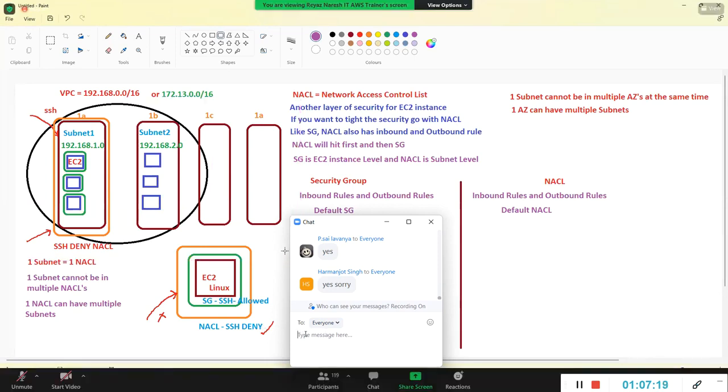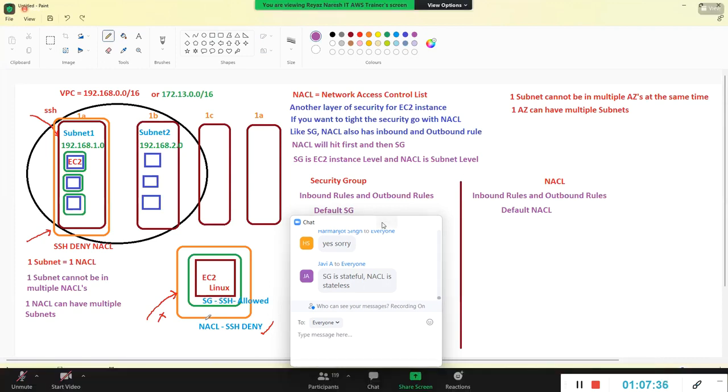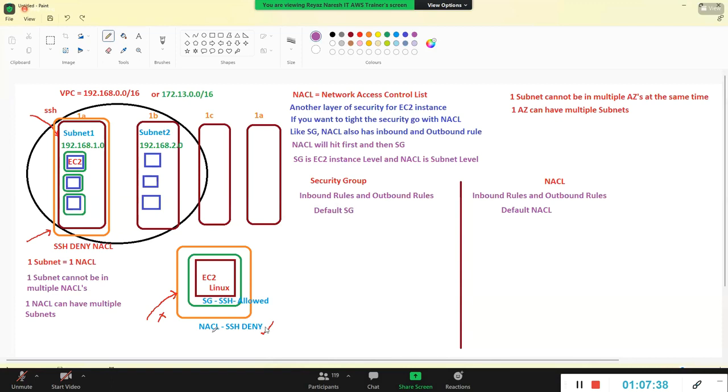But no one talks about NACLs in any training because they concentrate more on security groups. Every time they talk about security group inbound rules. Why don't they talk about NACL? Because in NACL, inbound rules can be allowed or denied.